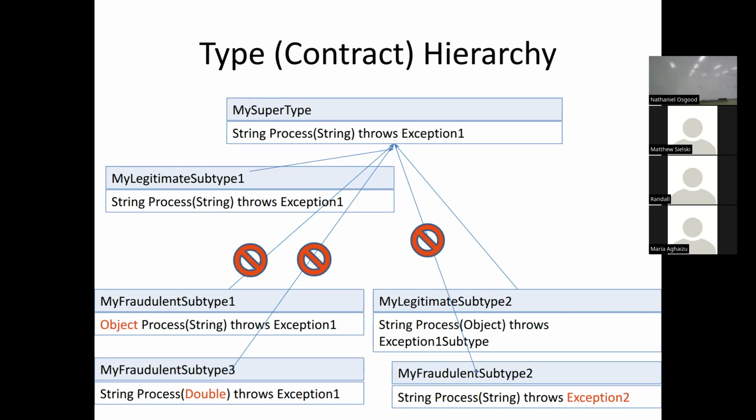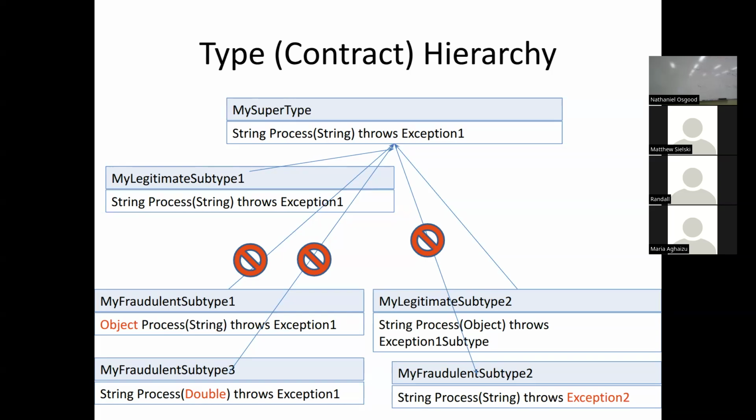We can't have our subtype take a double instead of a string and call this process. Someone will call process passing it a string, and if it gives a problem with the compiler because it's not a double, that isn't fair and square.